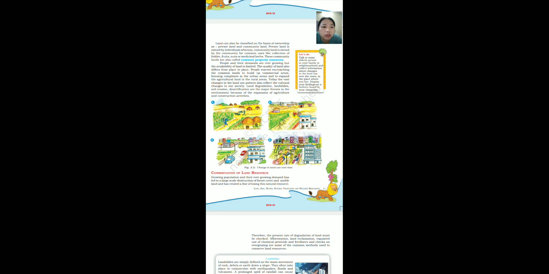On the basis of ownership, the land is classified into two. One is private land and the other is community land. Private land is usually the land that is owned by an individual, and community land is owned by a group of people or communities for common use. For instance, the place where I have constructed my home is my own private land.